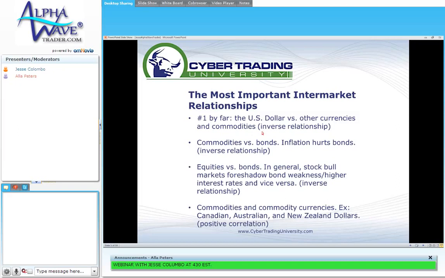And then the other relationship, which I'm going to go into great detail on here, is the relationship between commodities prices and commodity currencies. Some examples of commodity currencies are the Canadian dollar, the Australian dollar, and the New Zealand dollar. There are many more, many emerging market currencies, especially many African nations, Latin American nations.